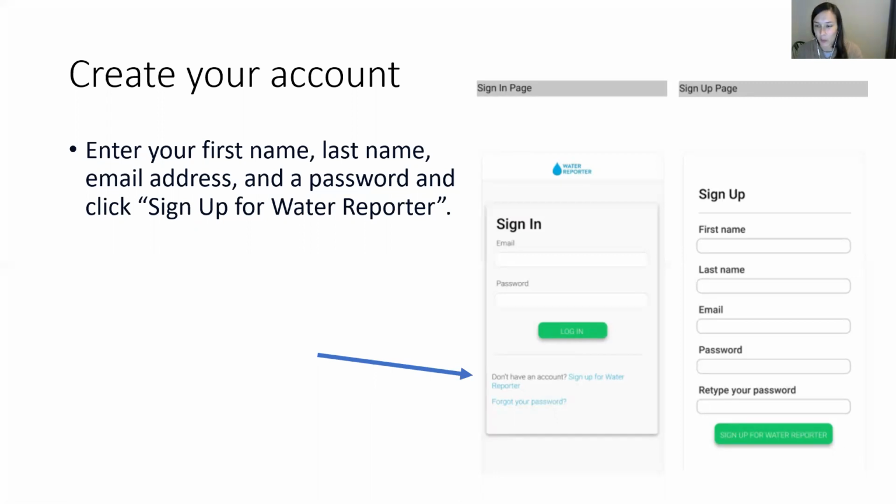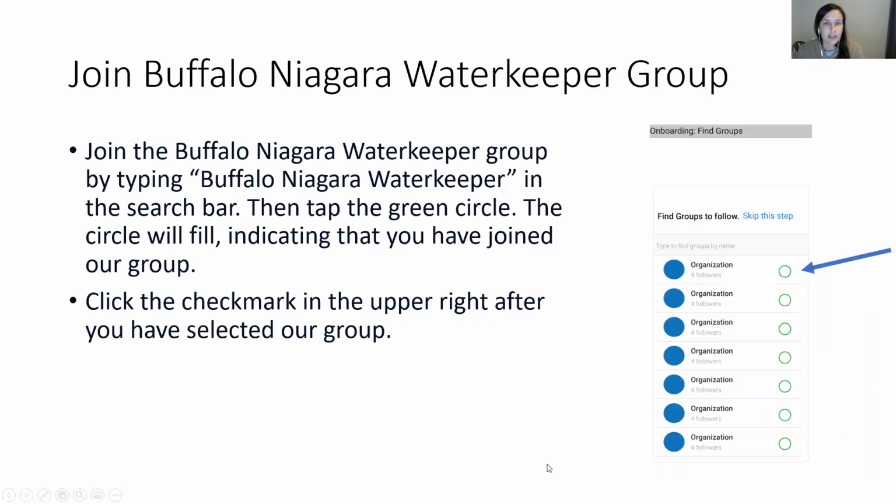Okay, so once you've signed up for Water Reporter by creating your user, your name and your password, there are just a few simple steps to complete your profile before you can make observations.